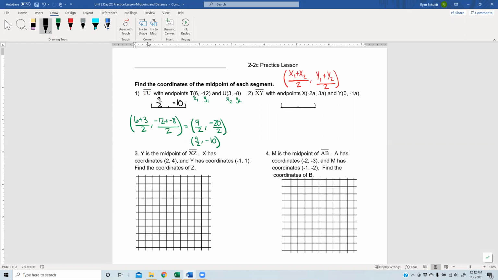They give me the endpoints x, which is at -2a, 3a. So let's label that x1, y1, and y, which is at 0, -1a. So x2, y2.